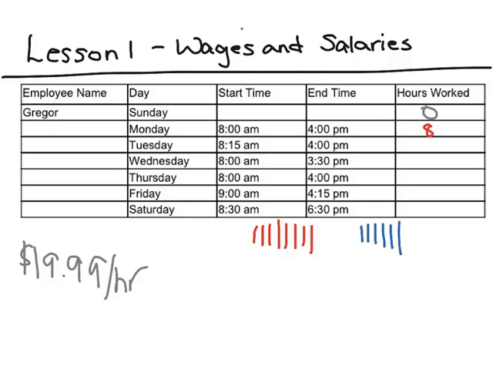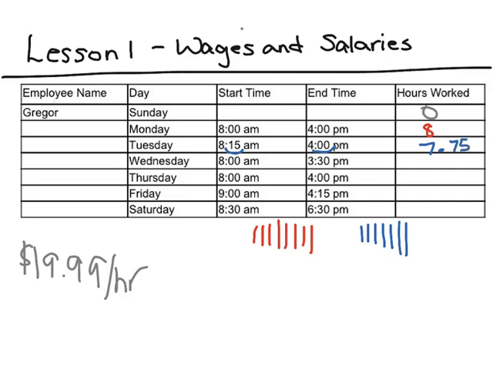So the next one, we go from 8:15 to 9:15 to 10:15 to 11:15 to 12:15 to 1:15 to 2:15 to 3:15. We can't go all the way to 4:15, or to 4. So far we have 1, 2, 3, 4, 5, 6, 7 hours. We also need to get from 3:15 to 4, another 45 minutes. So we need 3/4 of an hour, so 0.75.